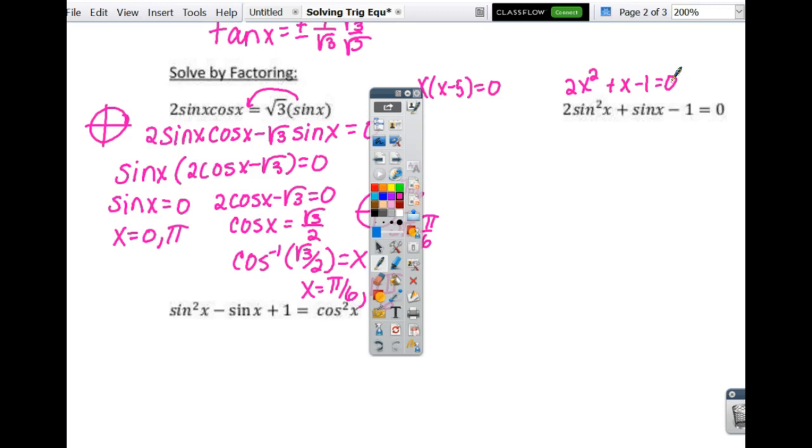You do the A times C and the B, right? And if you did that successfully, you would have 2x and x. And then we'd have the plus and the minus 1, right? Those are at the end. And then I want my x to be positive, so I'm going to make this one plus and this one minus.